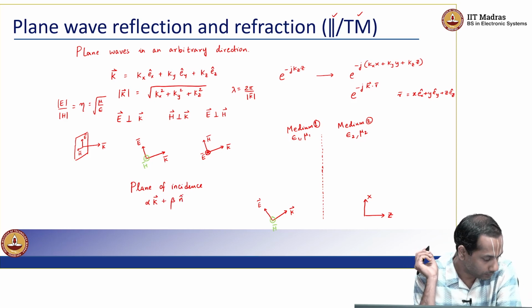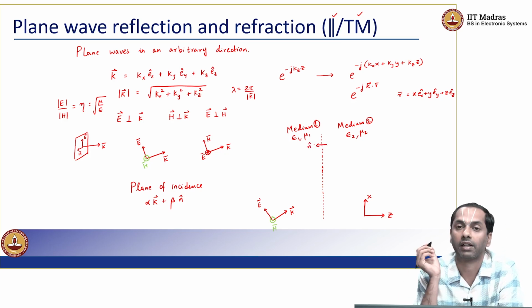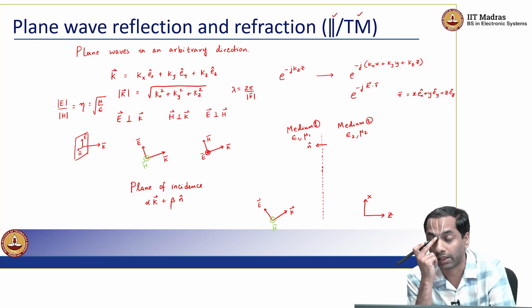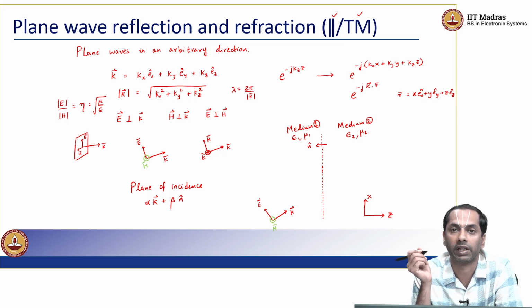Remember, our normal vector, as defined in our boundary conditions, is a unit vector that is going from medium 2 to medium 1.